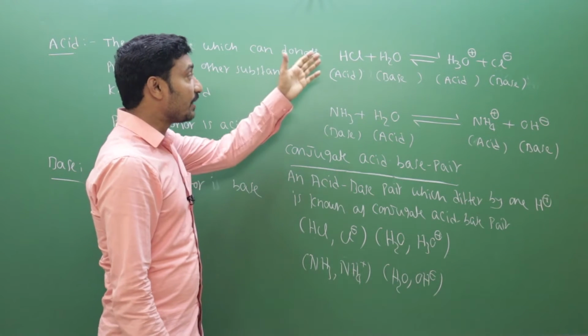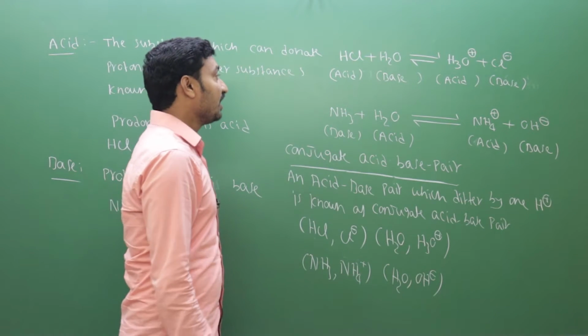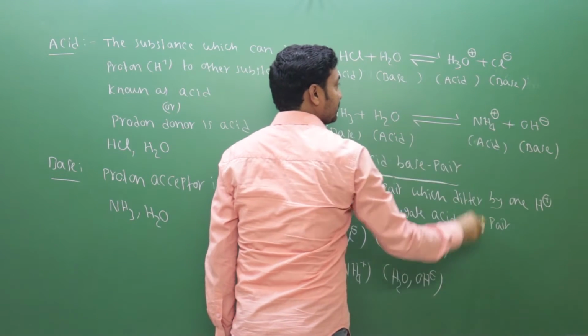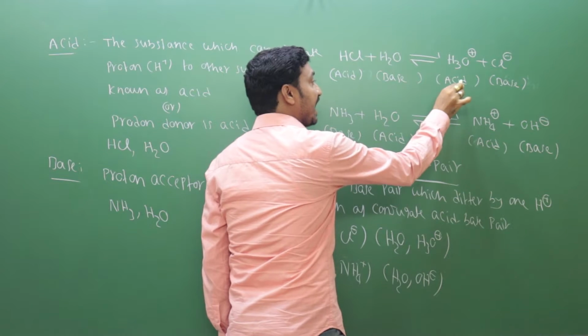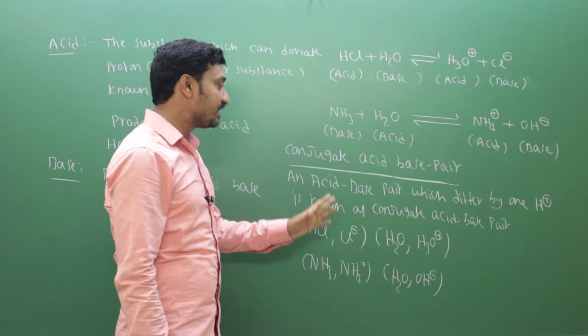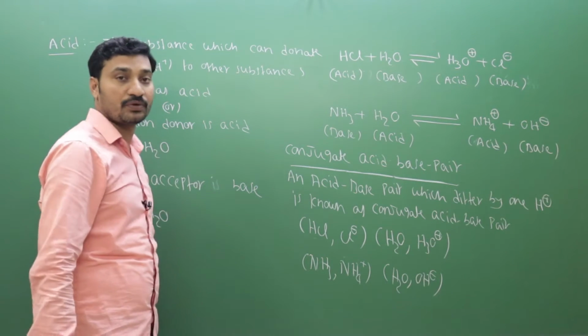Finally, in Bronsted-Lowry acid base reactions, every acid is converted into its conjugate base and every base is converted into its conjugate acid. So a conjugate acid base pair means an acid base pair that differs by one proton.